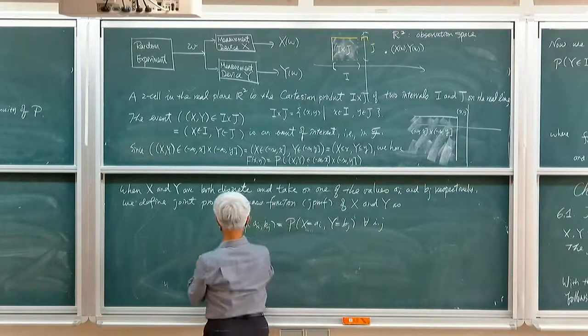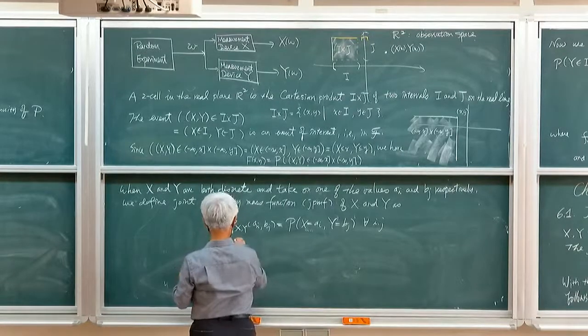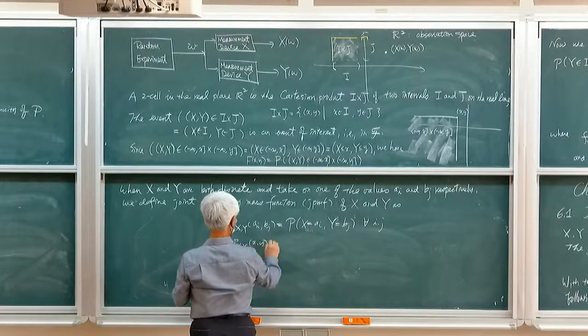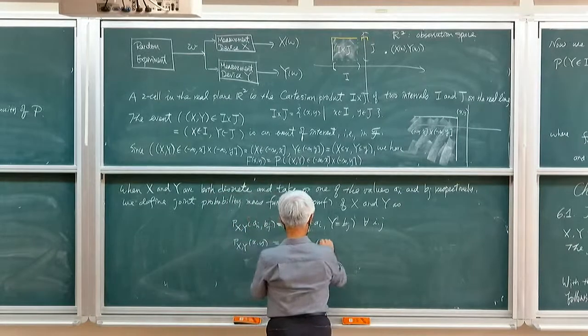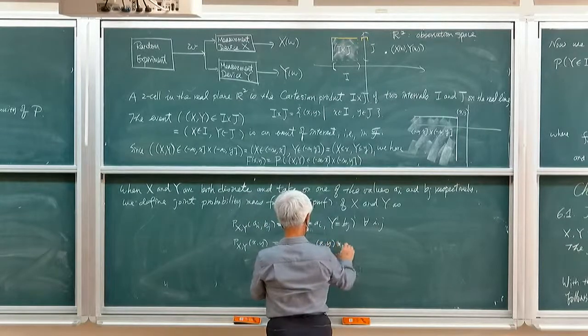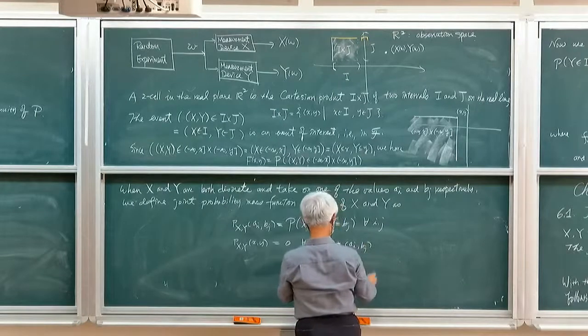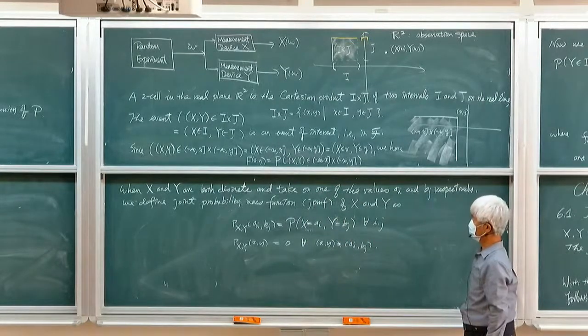And we define p_xy(x, y) to be 0 for all (x, y) not of the form (a_i, b_j). Okay. Right?